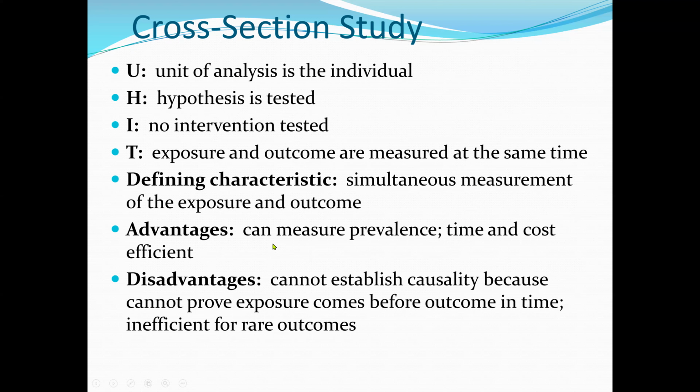The advantage is that it can measure the prevalence, and it is time and cost efficient. The disadvantage, as we said, is that it cannot establish causality because it cannot prove exposure comes before outcome in time. And it is also inefficient for rare outcomes.